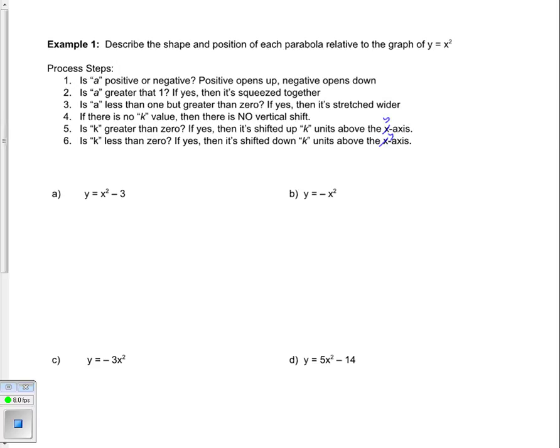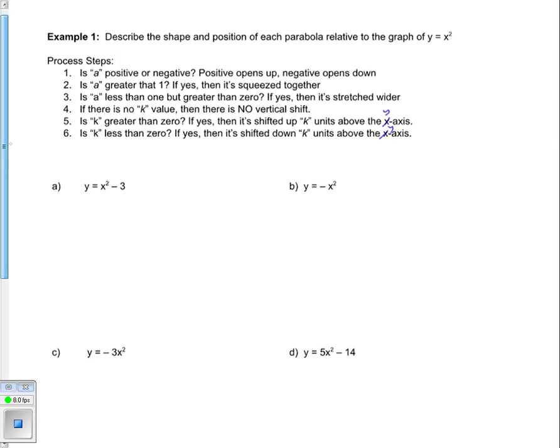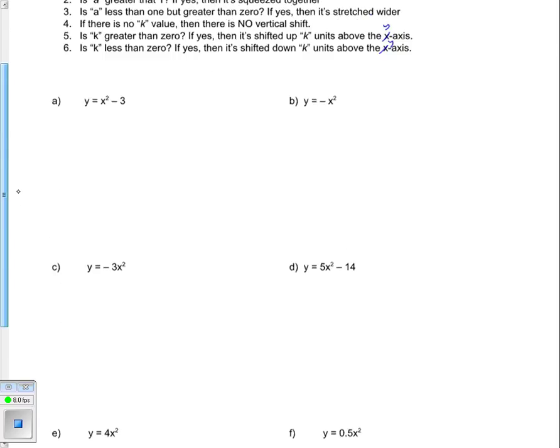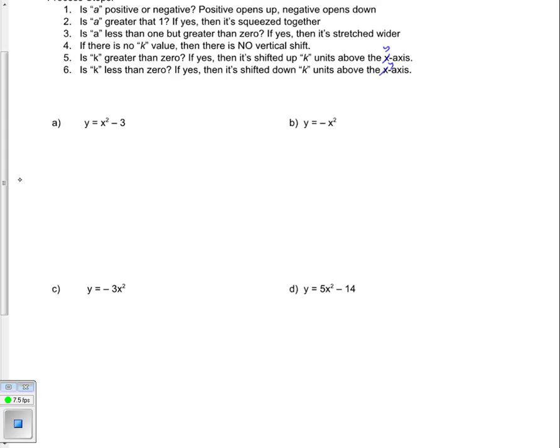So let's take a look here at question number 1, or A. We have the equation y is equal to x squared minus 3, which is the same as y is equal to 1x squared minus 3. So it opens up, because the a value is positive. We should always work to identify the a value and k value.